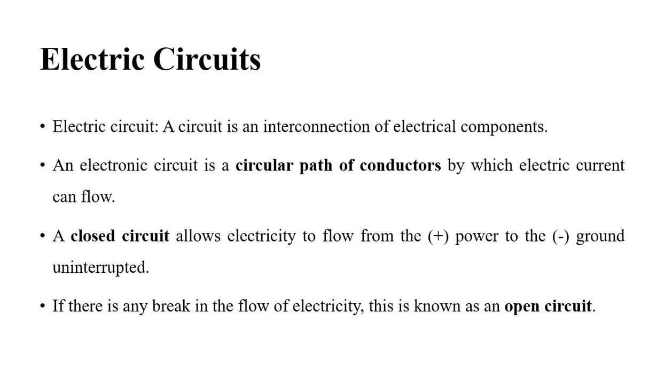That means there is a move for electric current from the positive power supply to the negative power supply without interruption. If there is any interruption in the circuit, it is called an open circuit. So this is a very important point to keep in mind while discussing electronic circuits.